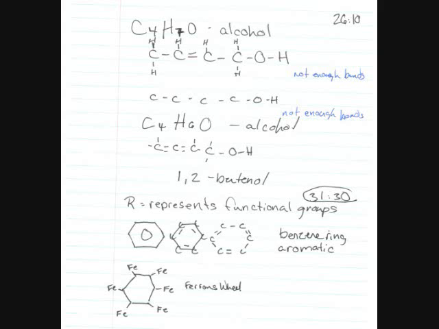It's a Ferris wheel. Sorry, I like that. That was cute. Fe is iron, which is ferric or ferrous. It's a Ferris wheel.